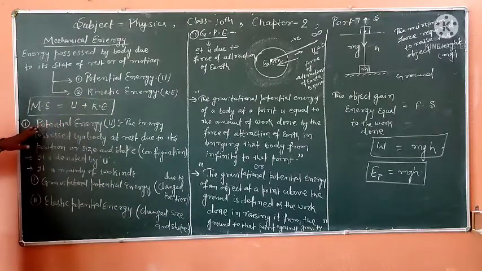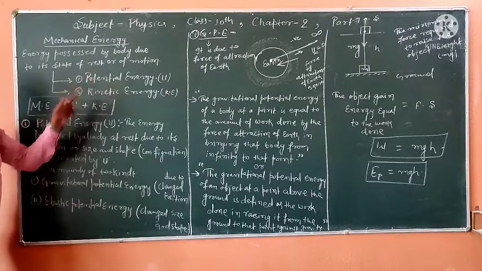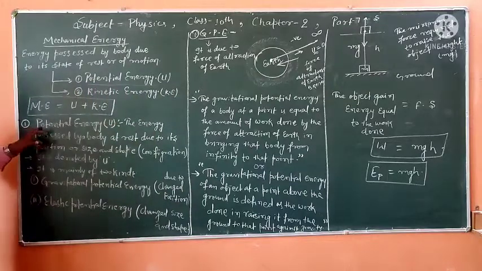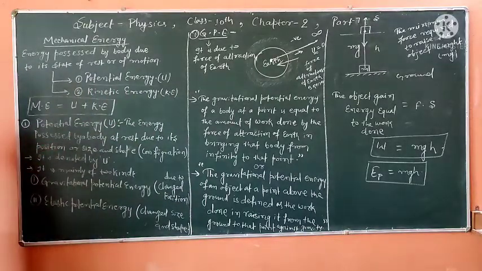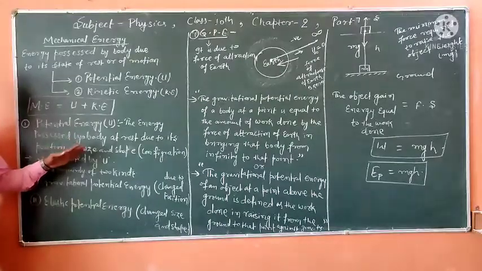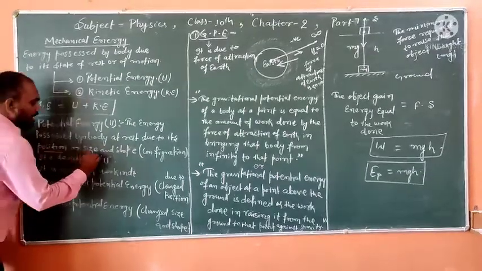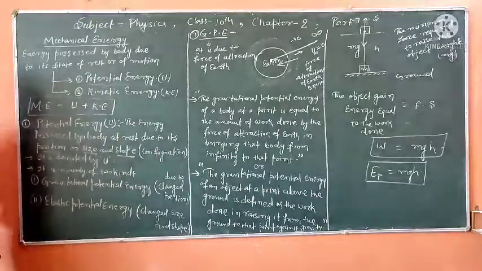Now we are moving to the next part, that is potential energy. What do you mean by potential energy? Potential energy is the energy possessed by a body at rest due to its position or size and shape. Position, size and shape are combinedly called configuration.